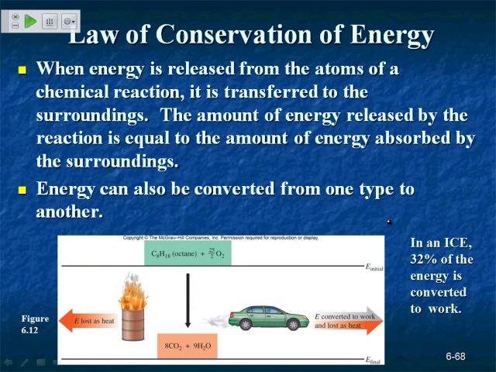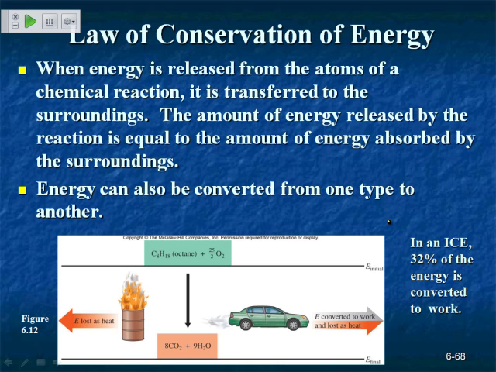Now before that, let us just look at the law of conservation of energy. Remember that we introduced energy in chapter 1. We said energy is the ability to do work or transfer heat, and there are two main forms of energy, kinetic energy and potential energy. Kinetic energy is the energy of motion.